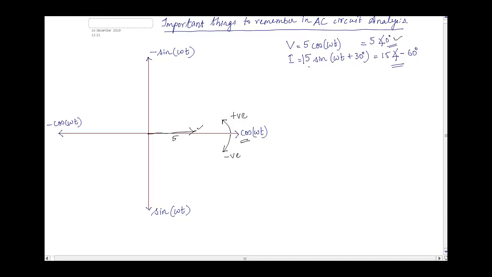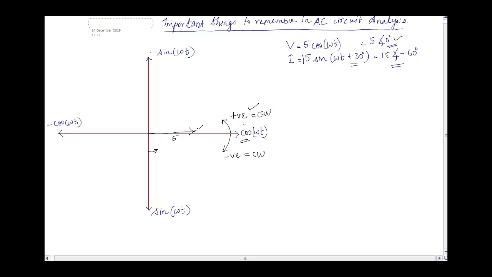So let's take this case, 15 sine omega t plus 30. Now sine omega t is this direction. Plus 30 degrees from sine omega t means you have to take an angle which is 30 degrees plus. So plus, I have already told, positive is, sorry, this is counterclockwise direction and this is clockwise direction.